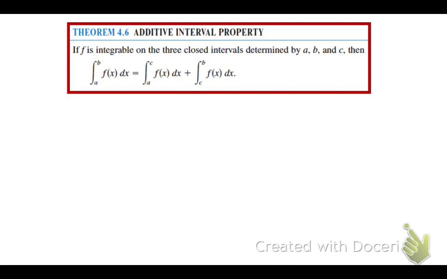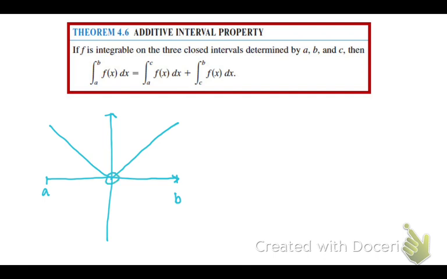So we would use this particular rule if I ran into something like this, and said this is A and this is B. What is the problem with me asking for the area from A to B? There's that thing in the middle, which makes it non-continuous.